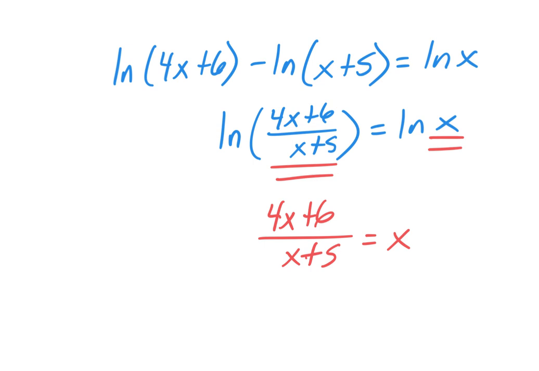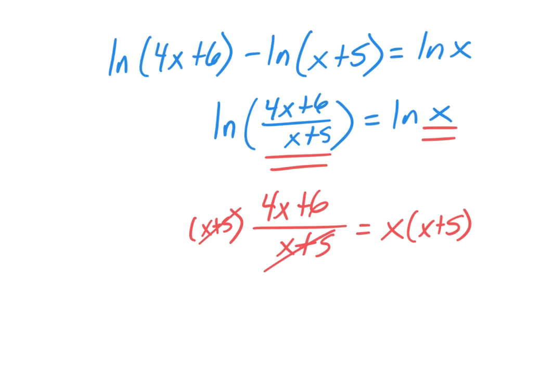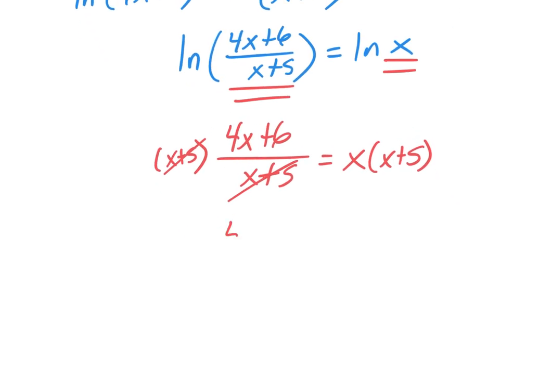Yeah, let's get rid of our fraction. We want to get that fraction out of the way. And so I'm going to multiply by x plus 5 on both sides. When I do that over here, that gets rid of my fraction. It gets x plus 5 off the bottom, and it just leaves me 4x plus 6.